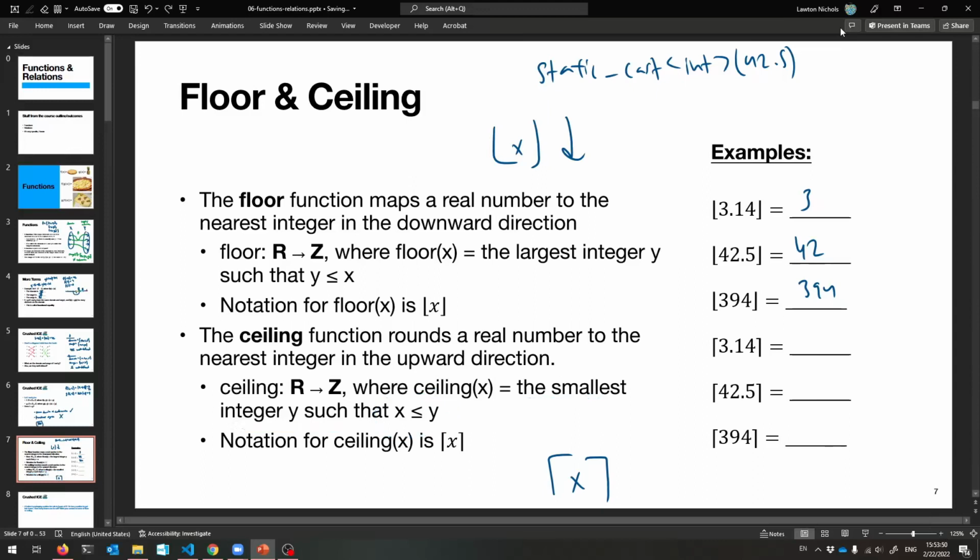That's probably the easier way to read it. And that is the notation. So ceiling of 3.14 is we're going up to 4. The ceiling of 42.5 is going up to 43. The ceiling of 394, again, it's already an integer. Less than or equal to, it can stay at 394. Okay, so that's floor and ceiling. Ceiling goes up, floor goes down.